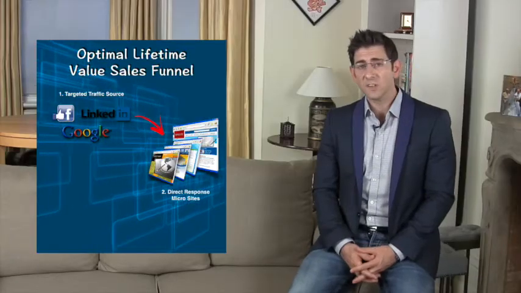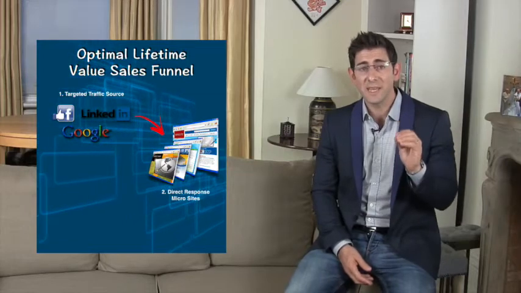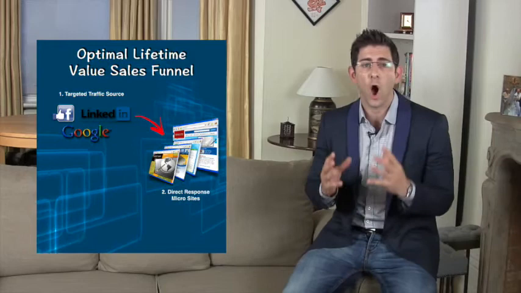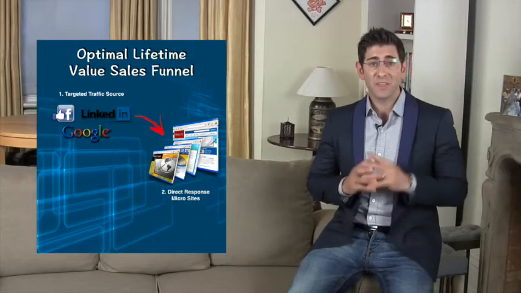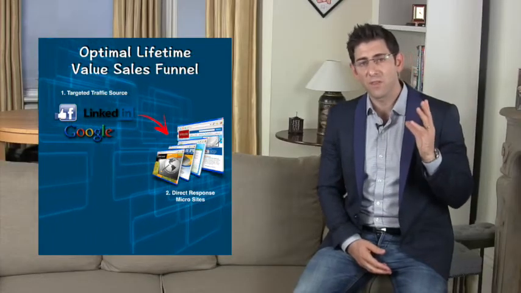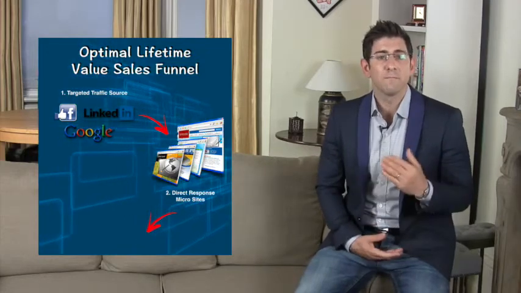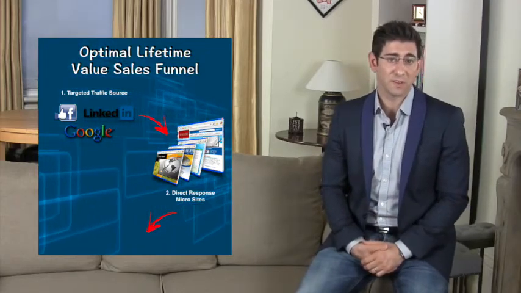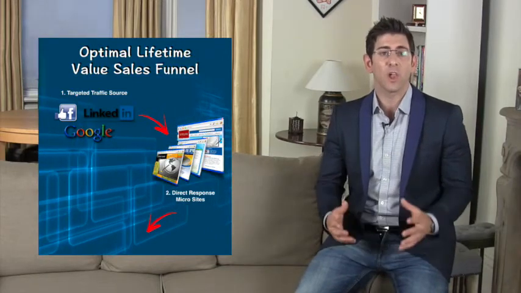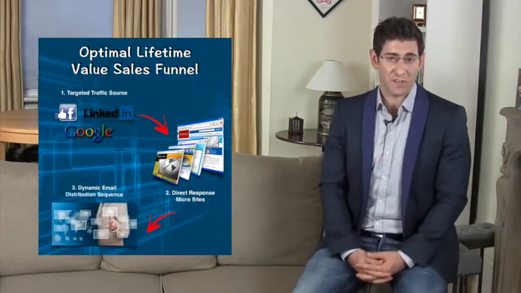So, we just discussed the first two elements that you need to implement in order to start generating consistent, automated leads online. By this point, visitors to your site would have already signed up with a big fat "Yes, I want to know more about your business." The third element, and by far the most critical of the three, that you must have in place in order to take your business to that all-star six-figure and beyond per month level, is what we call a dynamic distribution email sequence.